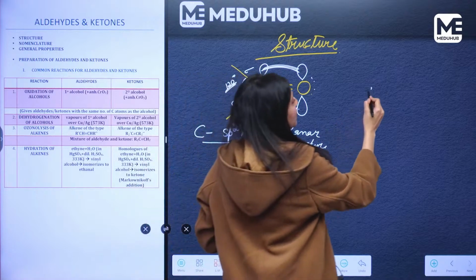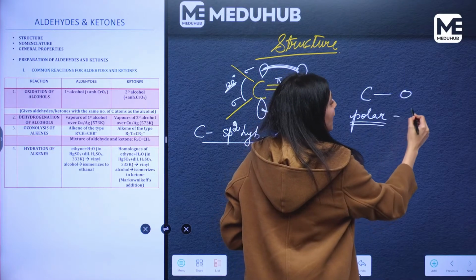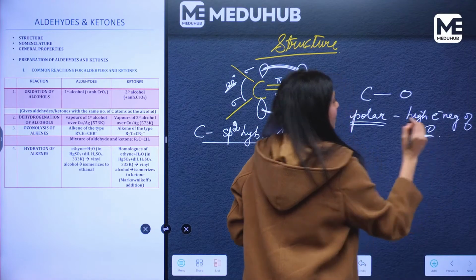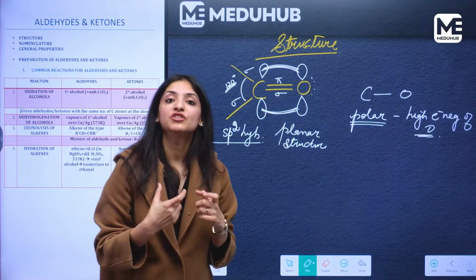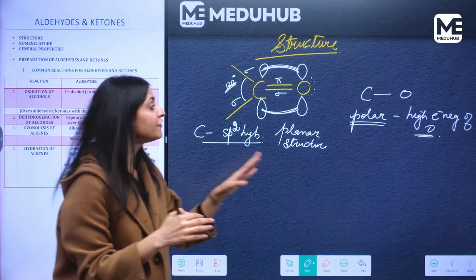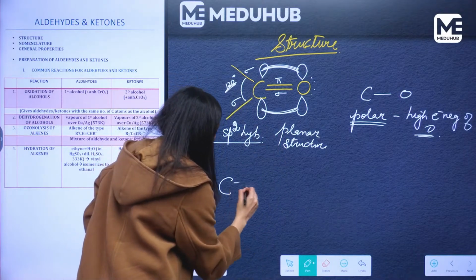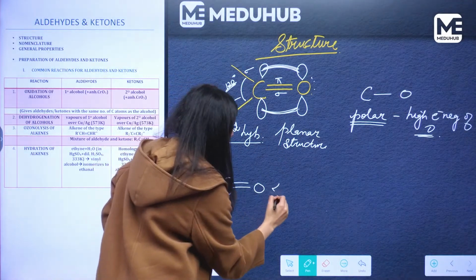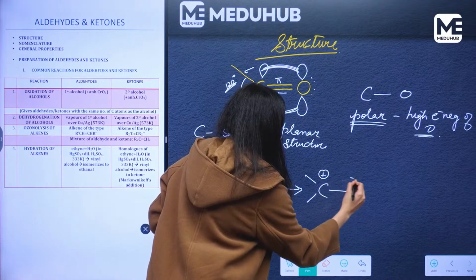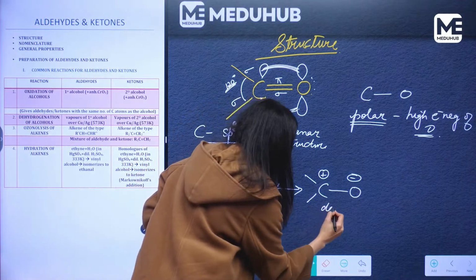Now this bond is polar due to the high electronegativity of oxygen. But the dipole moment measurements that have been found, the values of these are much higher than what would be expected if it is just the inductive effect of this oxygen atom. That is because the carbonyl group is a resonance hybrid of a neutral molecule and a dipolar molecule.